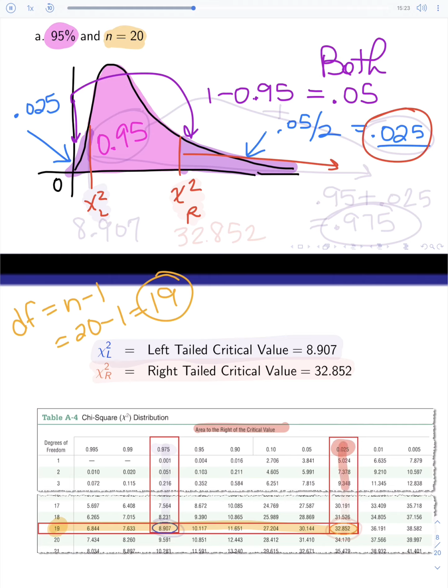And where we overlap is at the chi-squared value 32.852. That's going to be our chi-squared on the right that we've got on our picture, 32.852. So that's our chi-squared on the right.